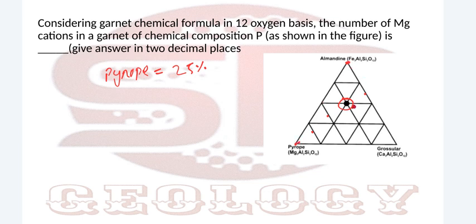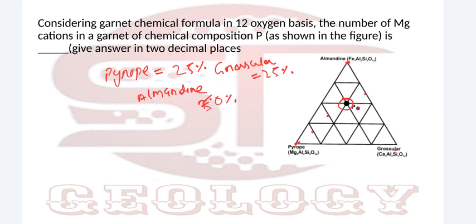So from that, pyrope is 25%, grossular is also 25%, and almandine is 50%.